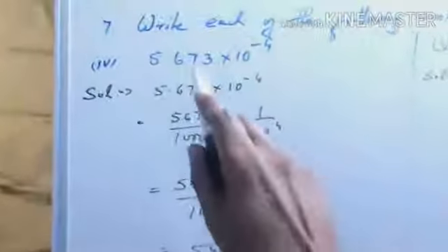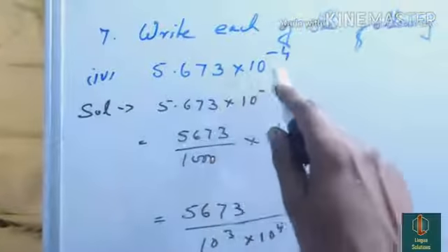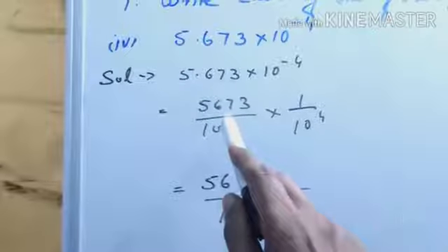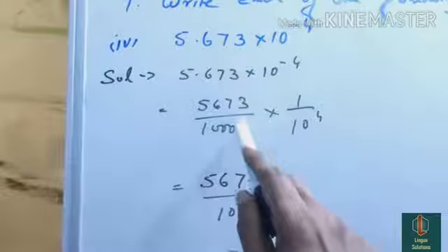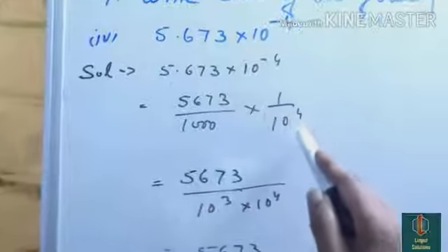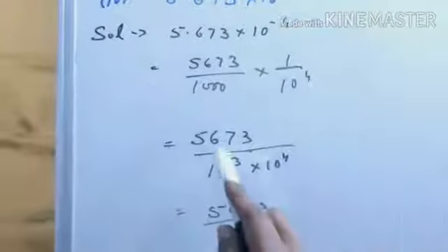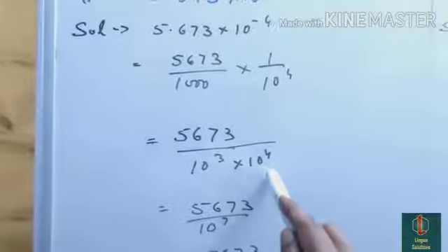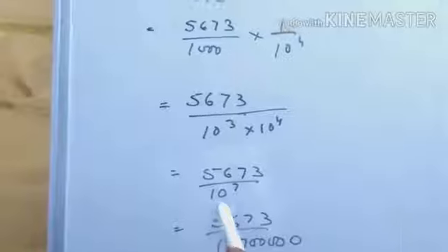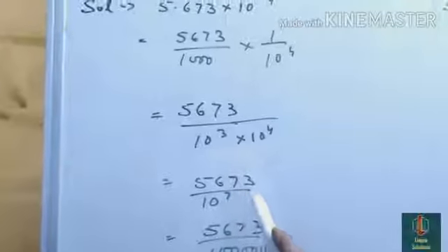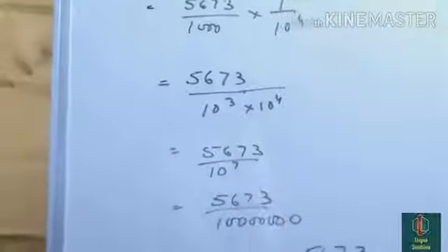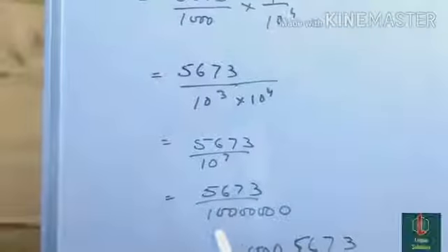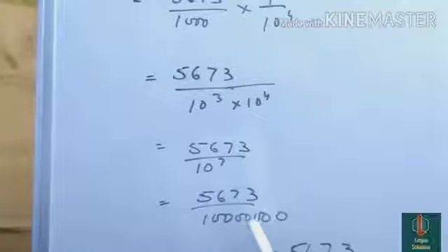Now next one, 5.673 into 10 to the power minus 4. We can write it as 5673 by 1000 into 10 to the power 4 is equal to 5673 by 10 cube into 10 to the power 4 is equal to 5673 by 10 to the power 7 is equal to 5673 by 10000000.